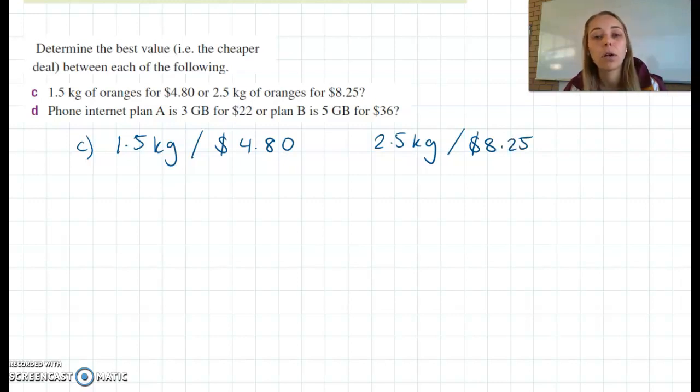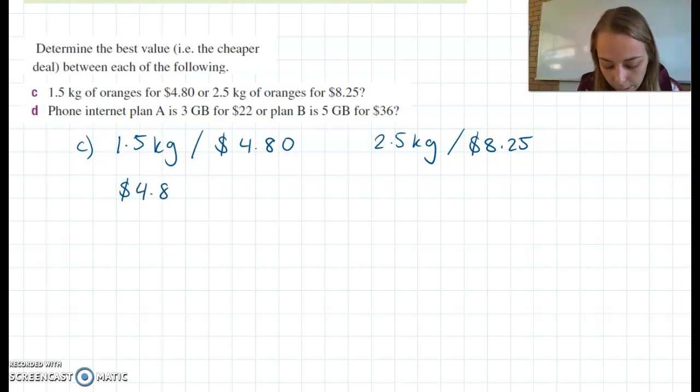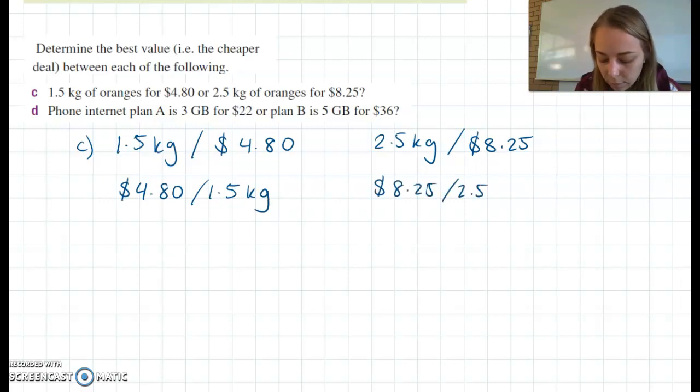We would probably write those the other way, so I'm going to do that now. $4.80 per 1.5 kilos, and $8.25 per 2.5 kilos.